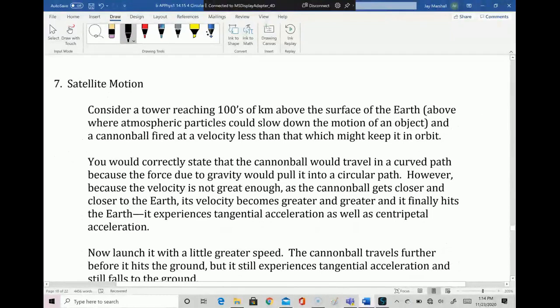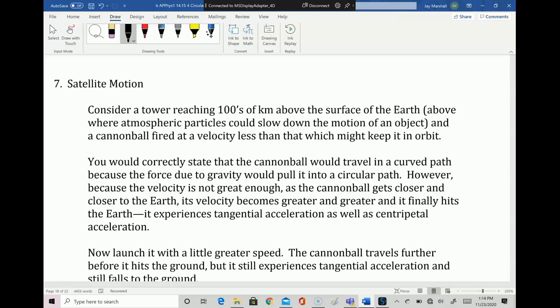Okay, so another one of the weird science things that confuse people and make them think they thought they knew everything, but now they don't. It's just the way that we think about satellite motion.